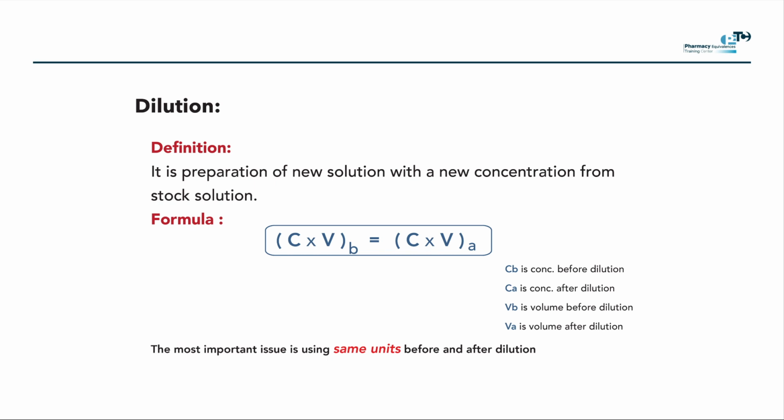If the concentration is a percentage, the other side must be a percentage. Also, the volume must be of the same unit in both sides. If we use liter, the other side must be liter, and so on.